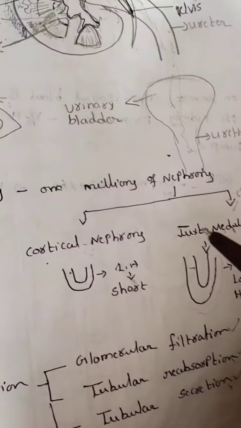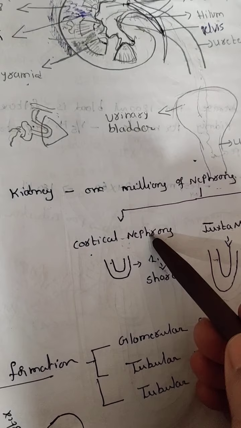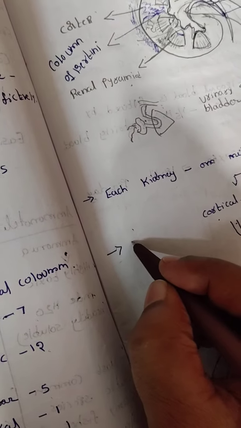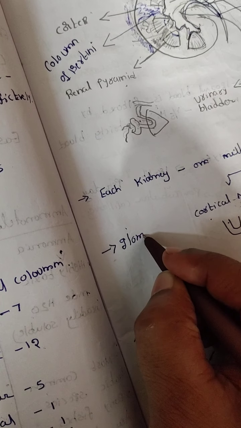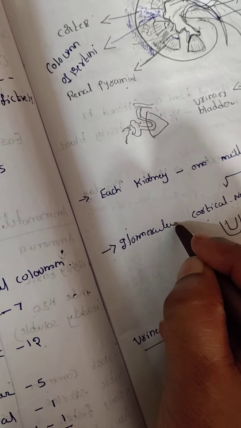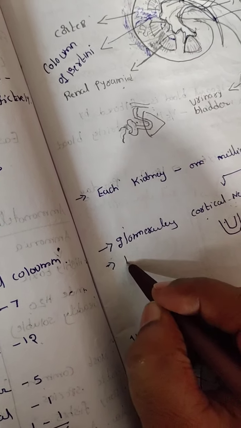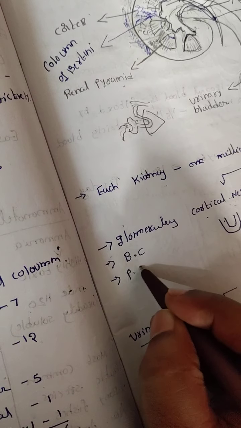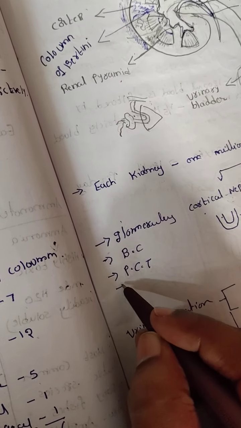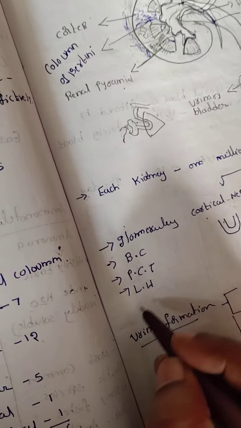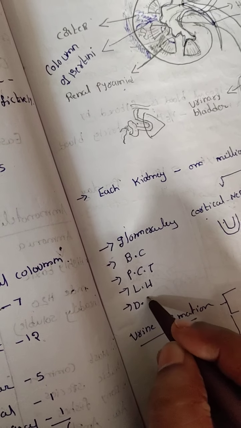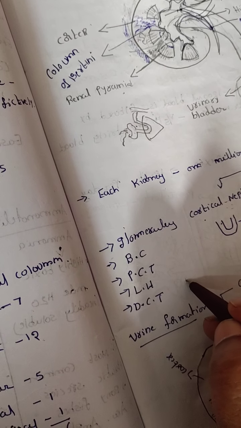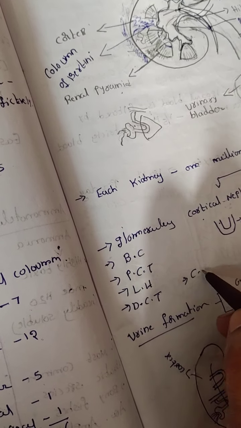You know the nephron is very familiar. What are the parts present in the nephron? It has the glomerulus, the Bowman's capsule, the proximal convoluted tubule, the loop of Henle, the distal convoluted tubule, and the collecting duct.